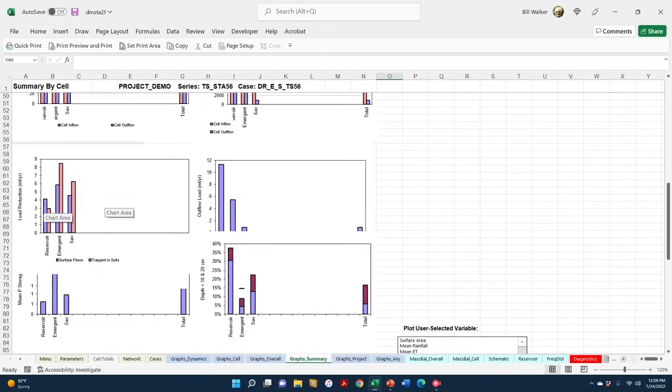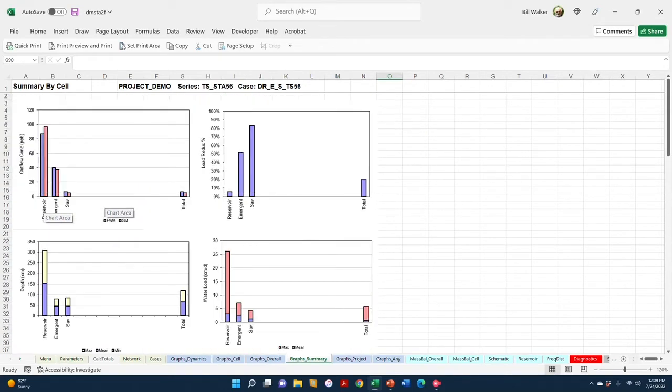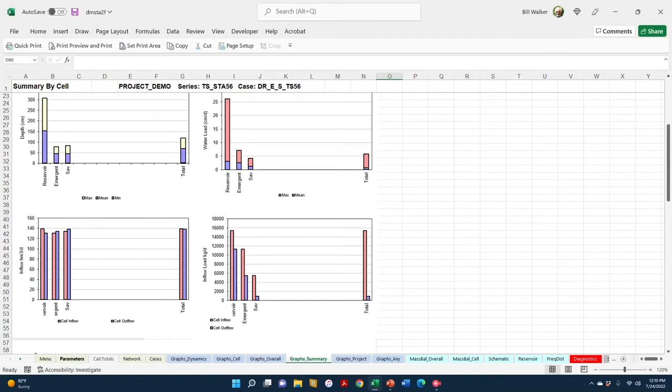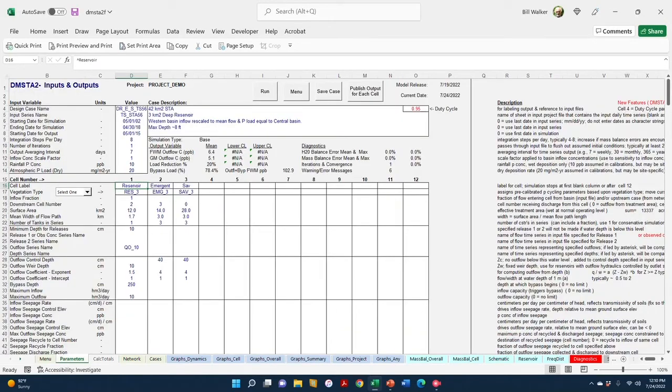Yeah, you can see that gave a much better performance, but it probably generated a lot of bypass. So you'd have to fiddle around with that to get to something that's, so that gets way too low.